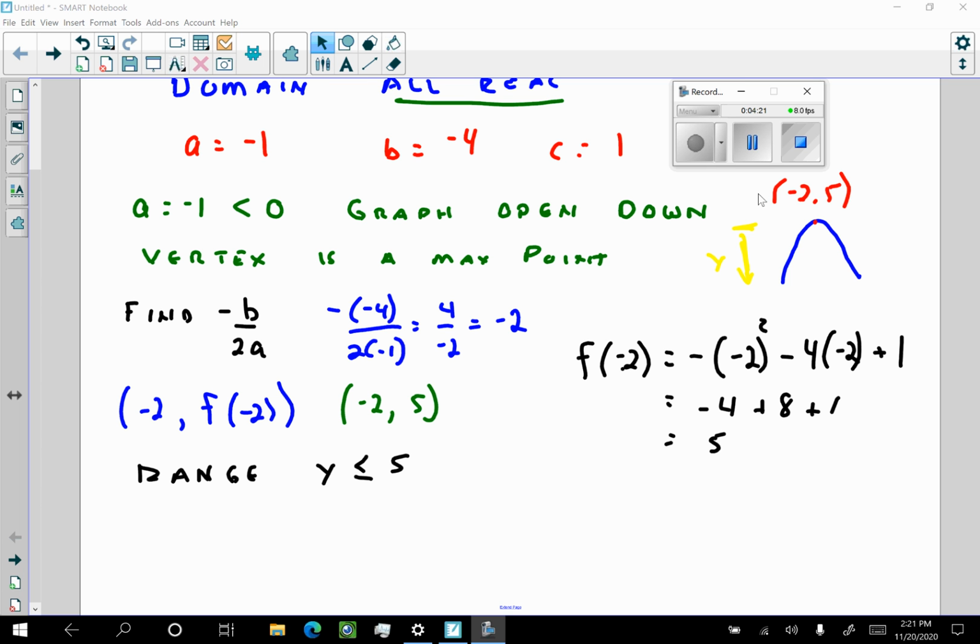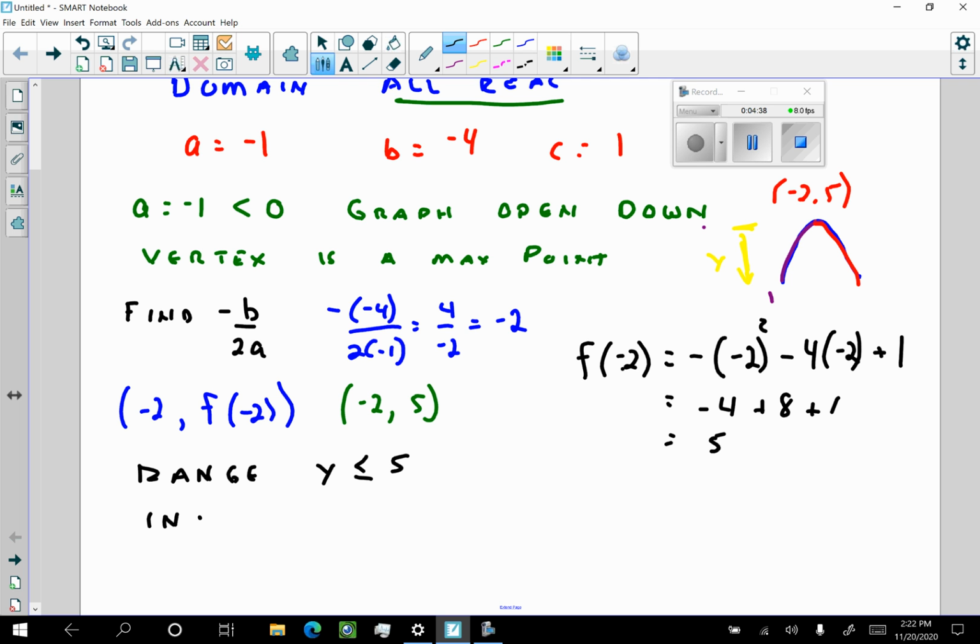The other thing I know is that this particular graph increases, then the graph decreases. So right away I can say, hey, you know what?